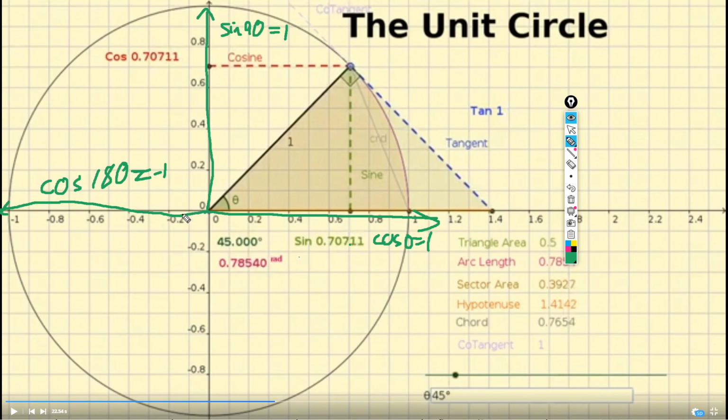Because it's all on the x, and it's going back along the axis, so it's going to be -1. So what do you think? What's sine of 270 going to be? If you said -1, good job. If you didn't say -1, that's okay. But I hope you understand why it's -1, right? Because it's the same thing as sine. It's just y component. There's no x component, but it's going straight down on the y-axis instead of going straight up.